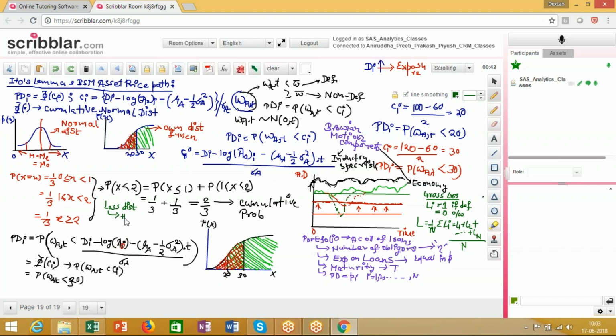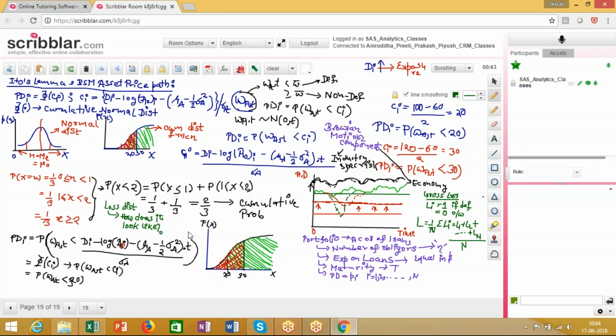How would the loss distribution look like?